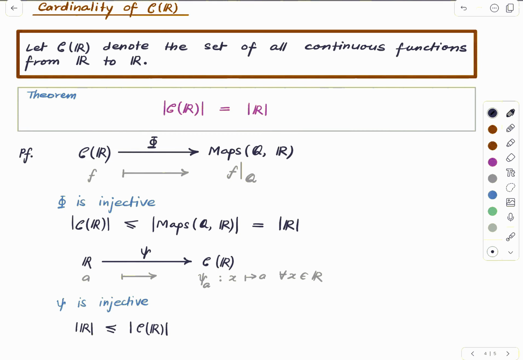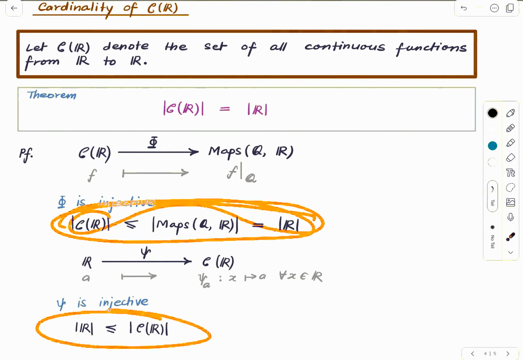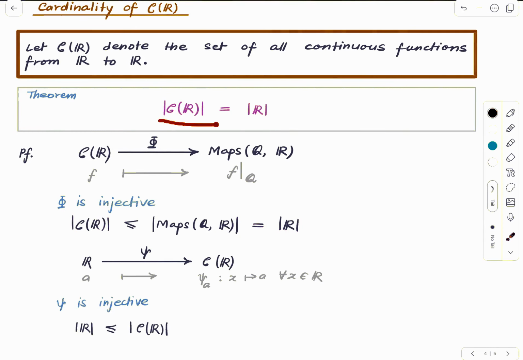And now these two things together with the Cantor-Schroeder-Bernstein theorem deduce our desired theorem. I should have recalled the Cantor-Schroeder-Bernstein theorem, but you can look it up in the playlist of this lecture series if you have forgotten.